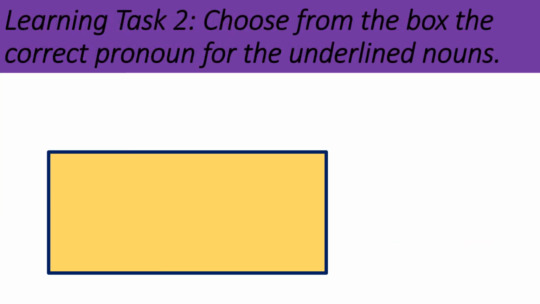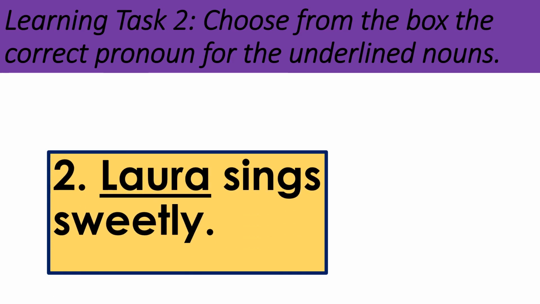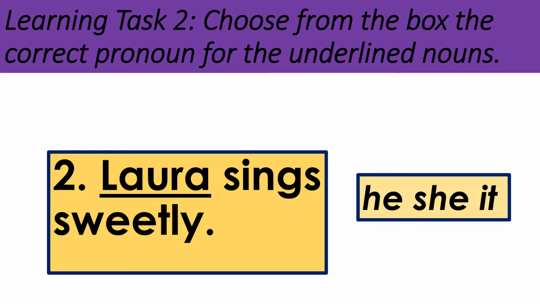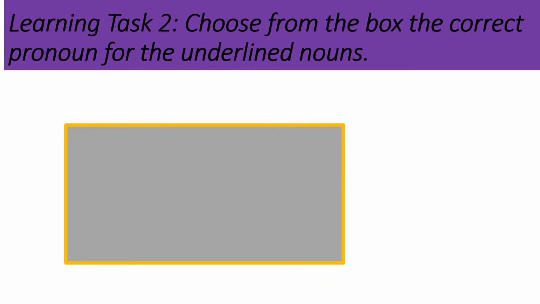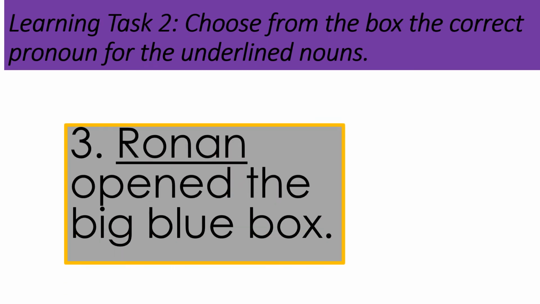Number 2. Laura sings sweetly. Who sings sweetly? So the substitute for Laura is the pronoun she, because Laura is a girl. Next, number 3. Ronan opened the big blue box. What is the noun?